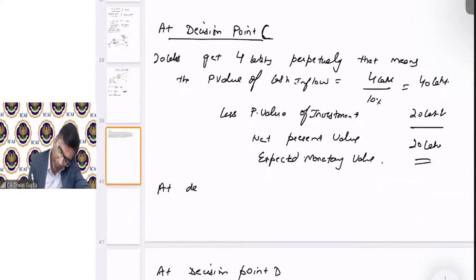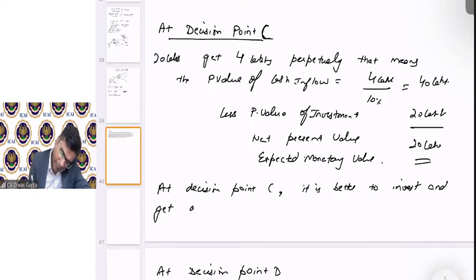Okay, let me put the decision here. At decision point C, it is better to invest and get an annual inflow of rupees 4 lakhs.